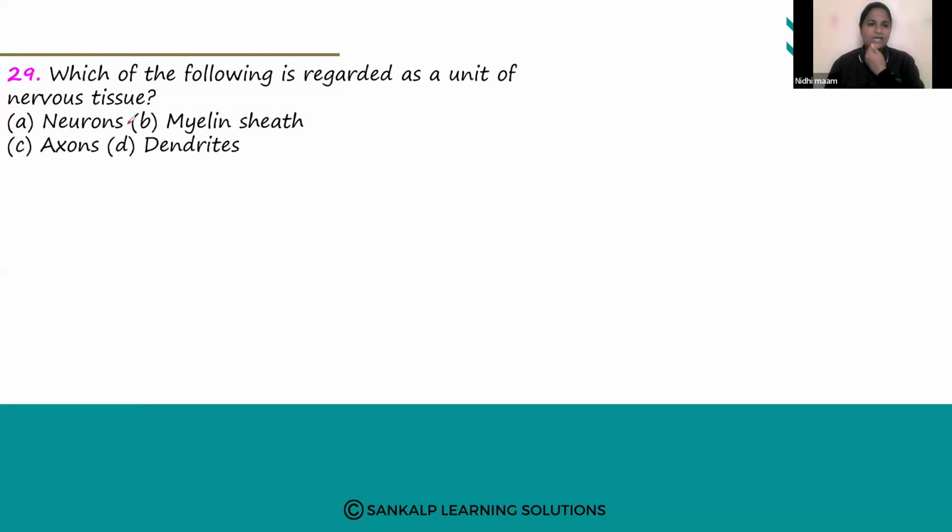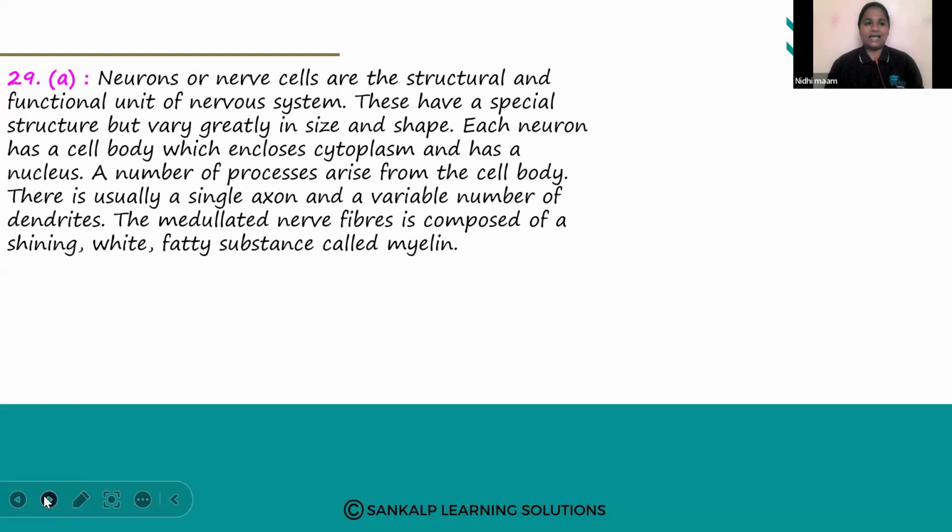Please do answer it. The structural and functional unit of a living organism is called the cell. Same, the structural and functional unit of the nervous system, what is that cell called? What is the name of the cell of the nervous system? Very good. So option A, neuron, is the right answer.